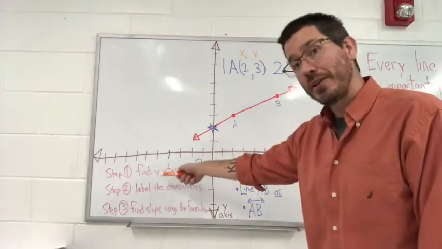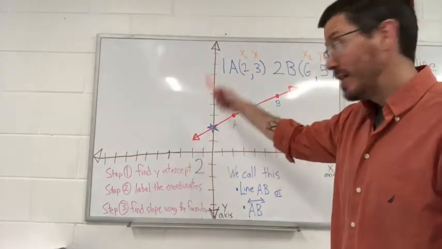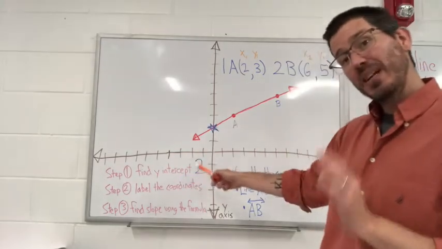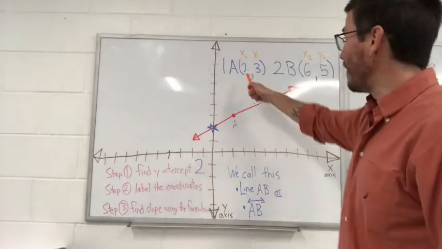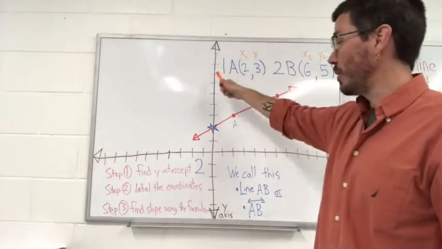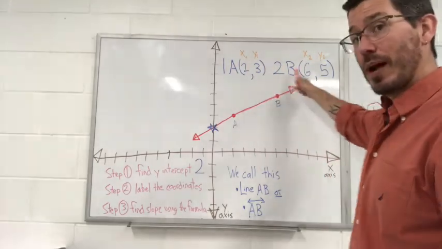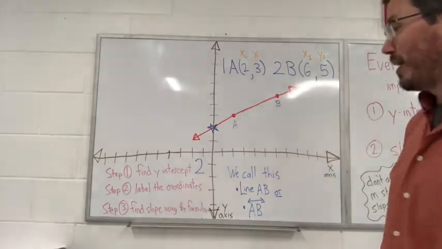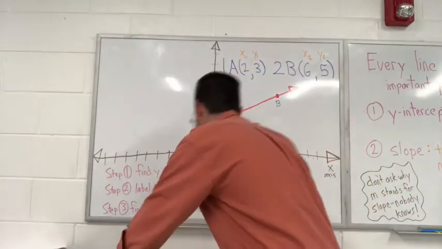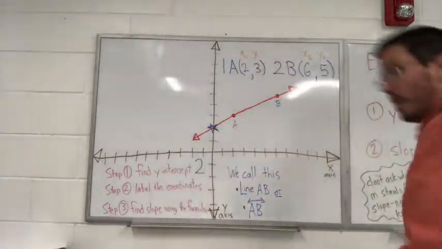Step 1, find the y-intercept. Easy, it's right there. Step 2, label the coordinates. A little bit more, just some counting, and a very specific way we're going to do it. Step 3, we're going to find the slope using the formula.